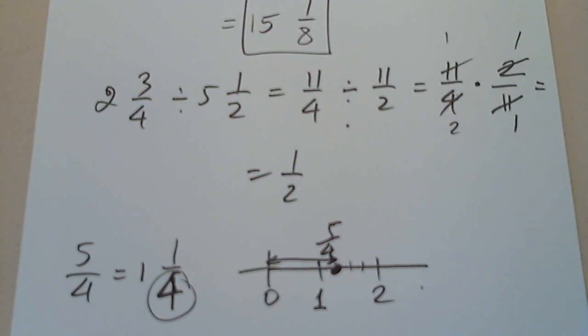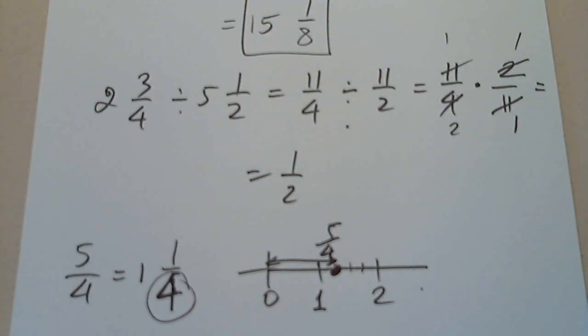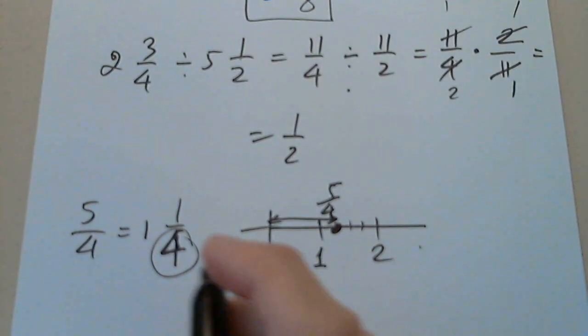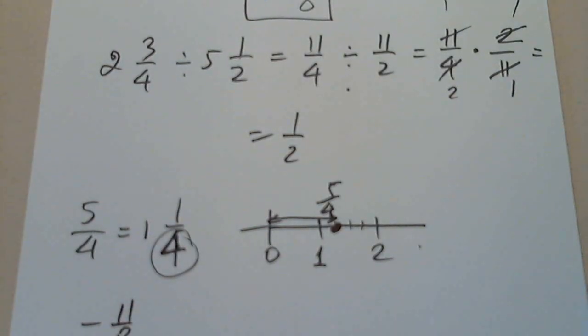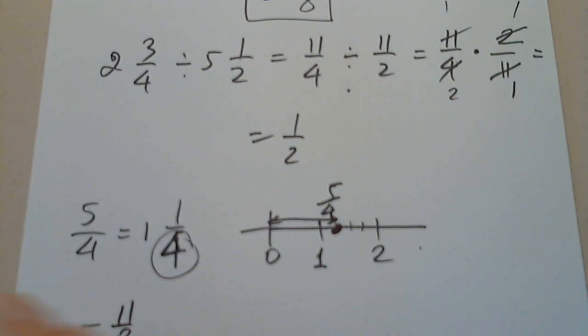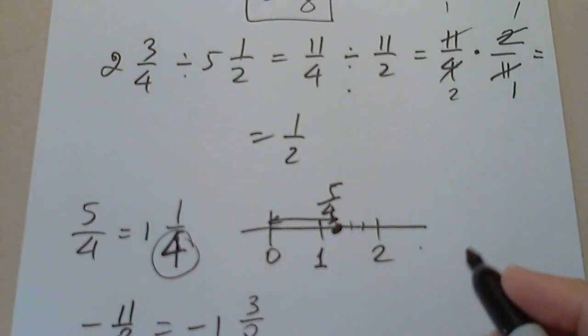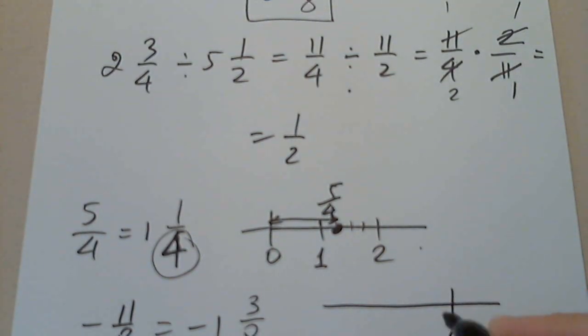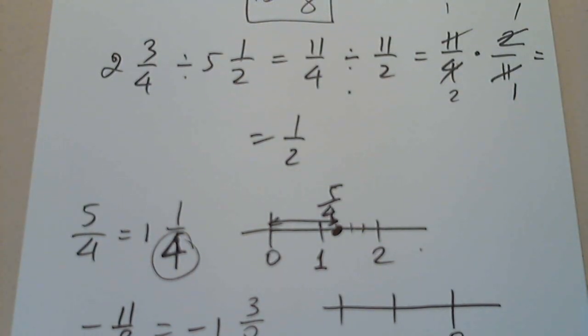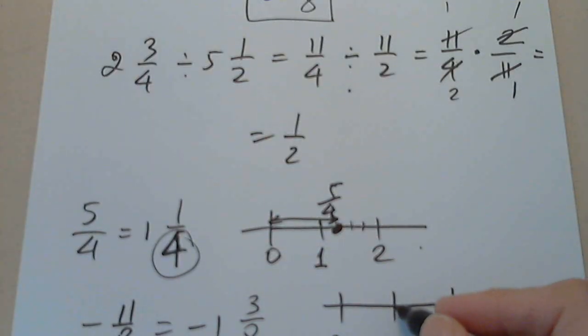The same thing, you have to take the integers out. So let's take the integers out. Let's do also a negative number. So this is -1 and 3 over 8, which means if this is 0 and this is 1 and this is 2, -2, -1, the -1 is here.